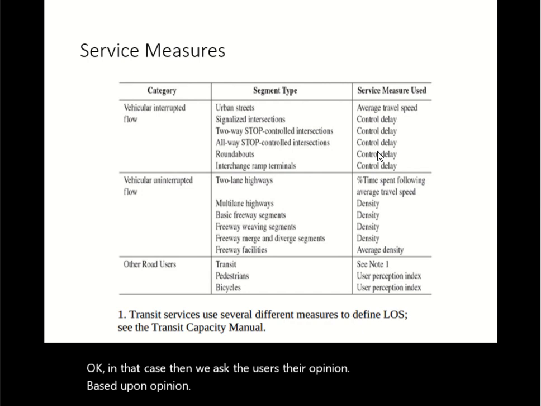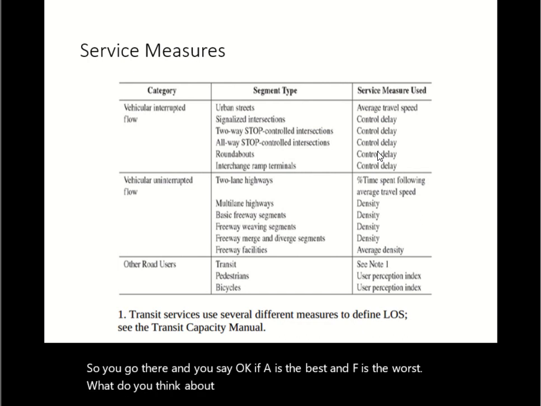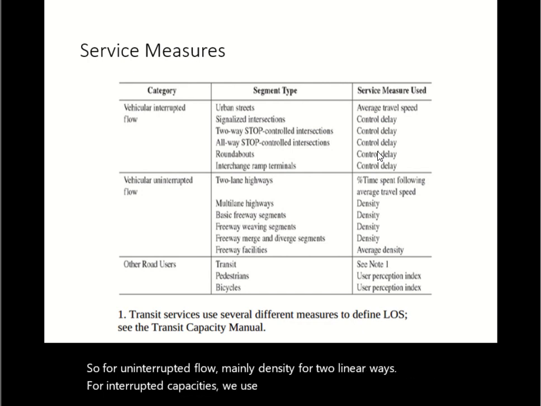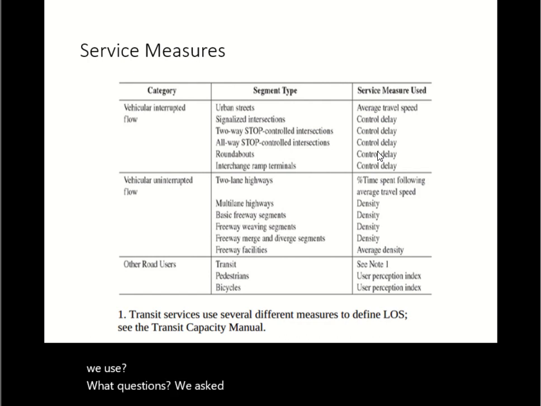You go there and you say, if A is the best and F is the worst, what do you think about this facility? Will you give it an A or B or C? So for uninterrupted flow, mainly density. For two-lane highways, we use speed and time. For interrupted flow facilities, we use control delay. For non-traffic systems, we use questions. We ask them. Single question, no problem with that.